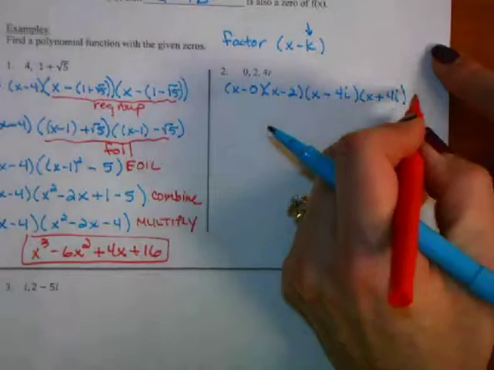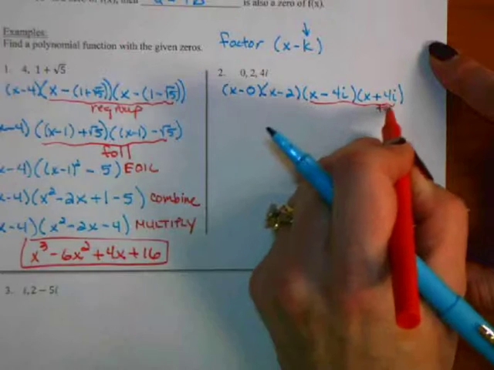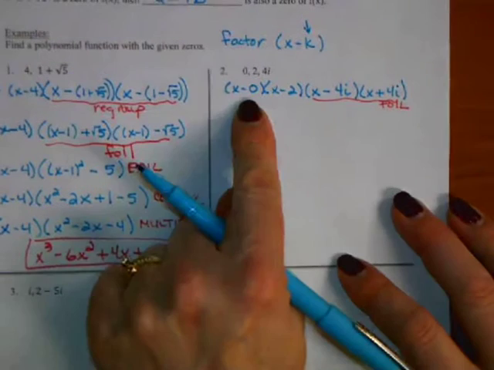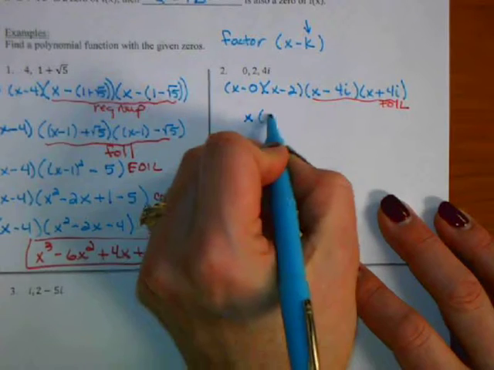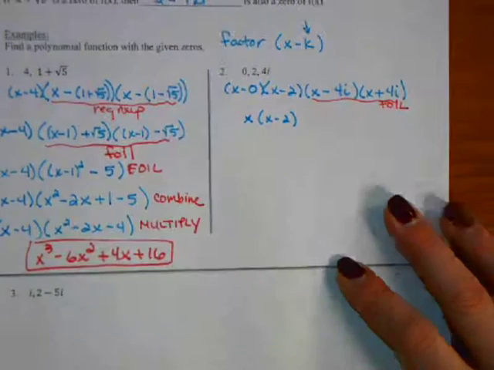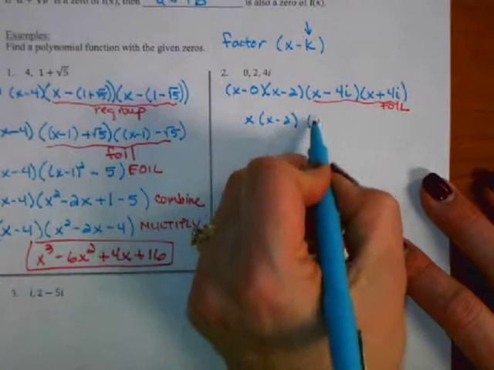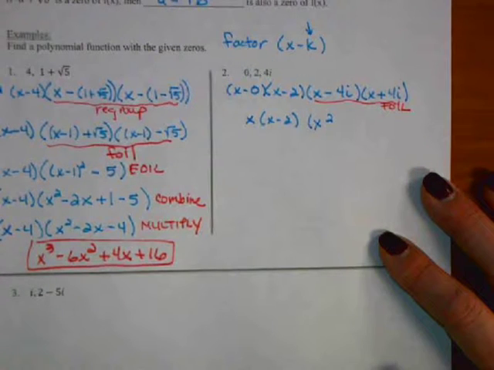Okay, so now I'm going to FOIL these two. What's x minus 0? Just x. And then I'm going to FOIL. So I have x squared. Wait a minute, they're exactly the same, except for the minus and the plus. So there's no middle term.